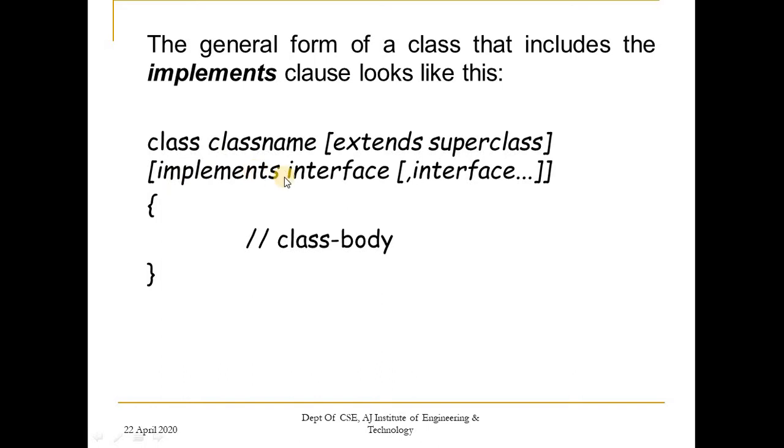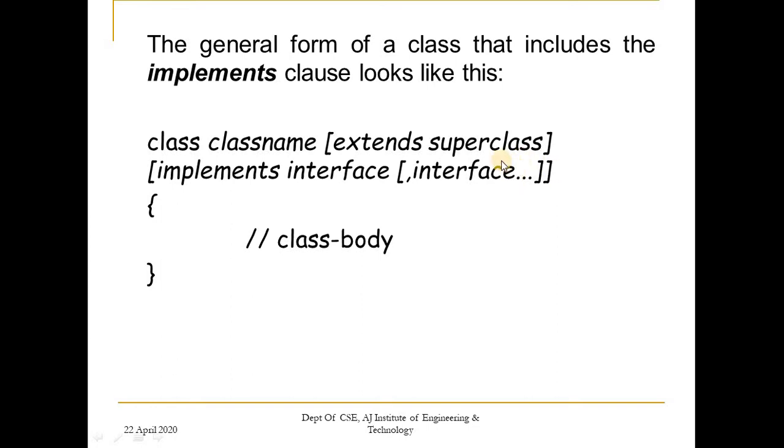If there are more than one interface, then you have to separate them by a comma. If there is only one interface, you just provide one interface name. If there is more than one interface that this class is going to implement, then include those interfaces separated by a comma.